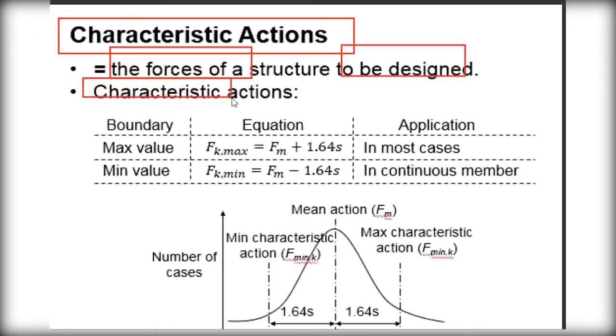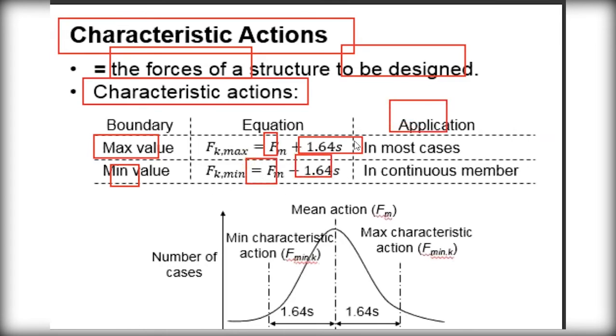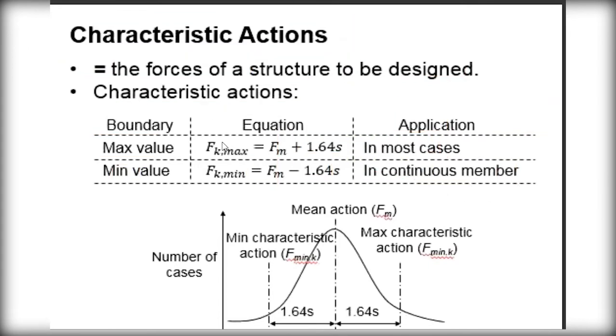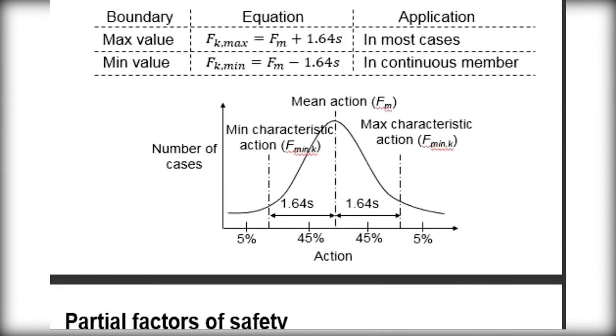The characteristic action or characteristic force is like this: the maximum value is about F mean plus, while the minimum value is about F mean minus, and this depends on the cases, mostly continuous, and from the graph, as we said, it should be between the lower 5% and not exceeding 95%.